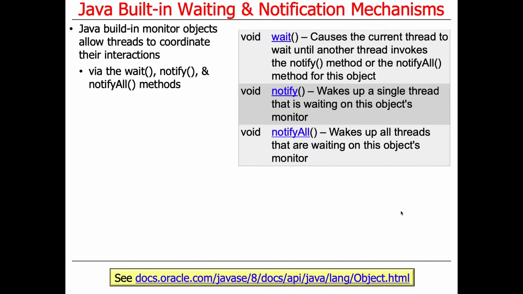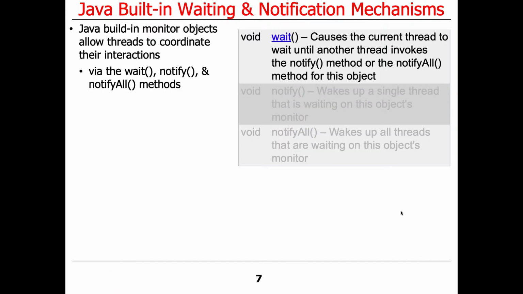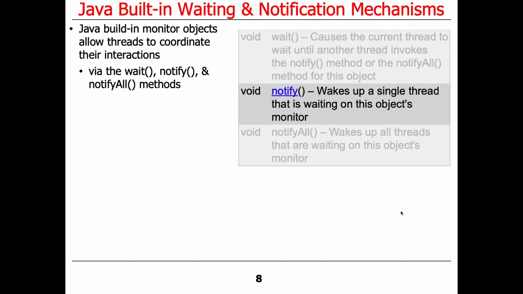So there's three general categories of methods: wait, notify, and notifyAll. And there's a little variant here and there we'll talk about. The wait method causes the current thread to be suspended, to block, until another thread invokes the notify or notifyAll method on the same object. So wait is actually very similar to await on a condition object.